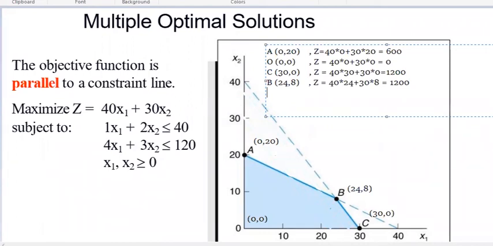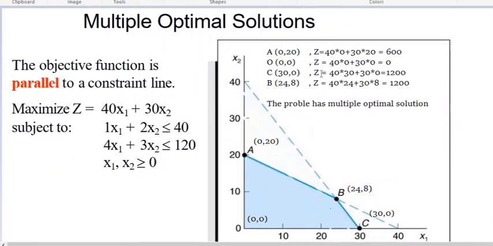You can conclude that this problem has got multiple optimal solutions, and the maximum value of z is equal to 1200. So you can write that.